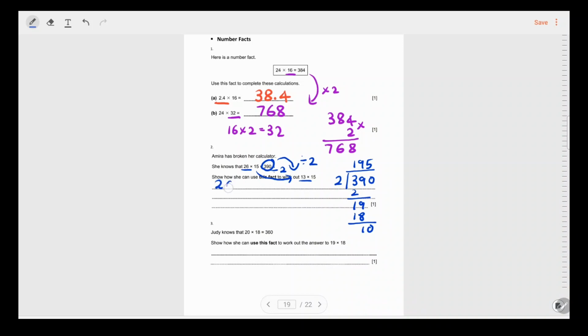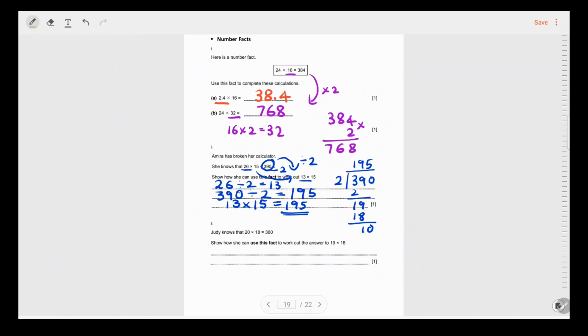So you say that 26 divided by 2 is 13, and therefore you divided the answer 390 by 2 as well, and you got your answer as 195. So 13 times 15 is equal to 195. Even though this is 1 mark only, I recommend you to write all 3 of these lines in order to have a very complete answer.